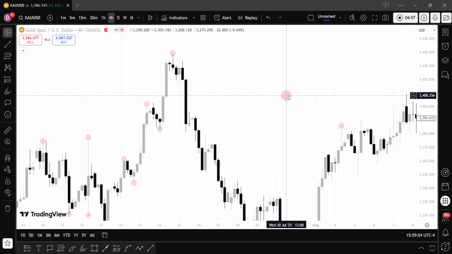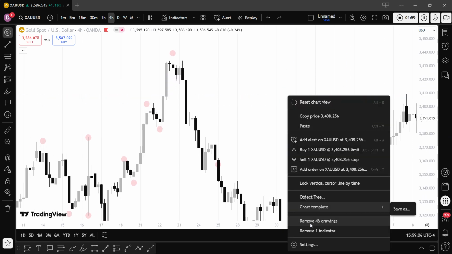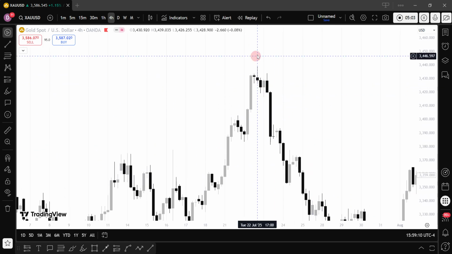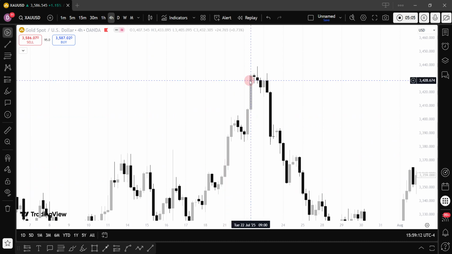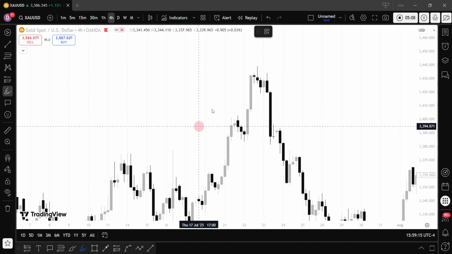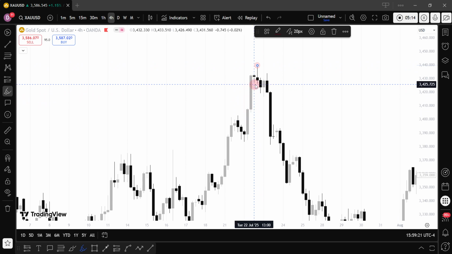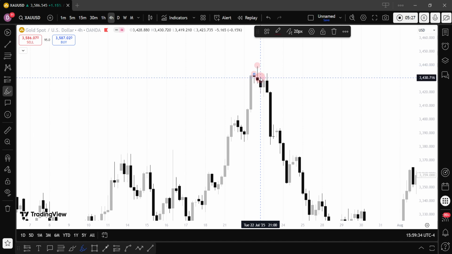I'd already done that. Now let me delete so that we can identify. As you can see here clearly, this is a swing high. This is the highest point the price reached in this period. So you can see there's one lower high, there's another lower high.